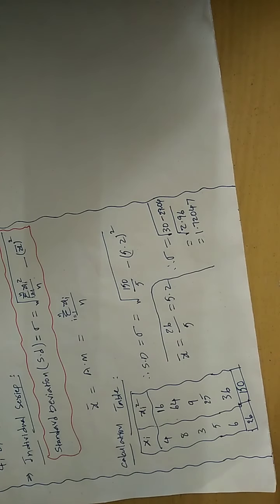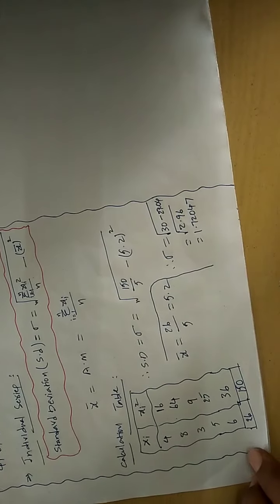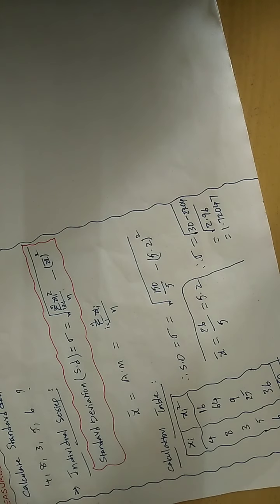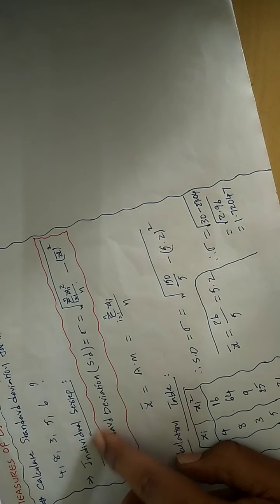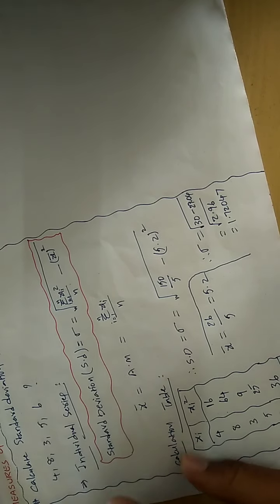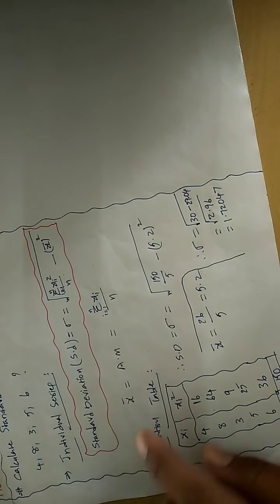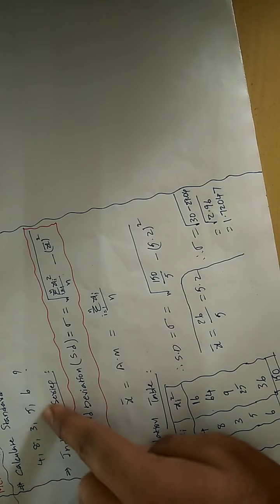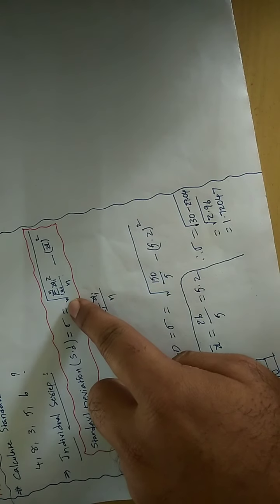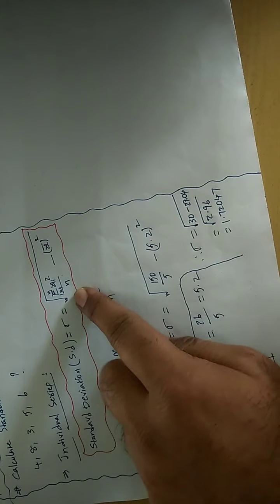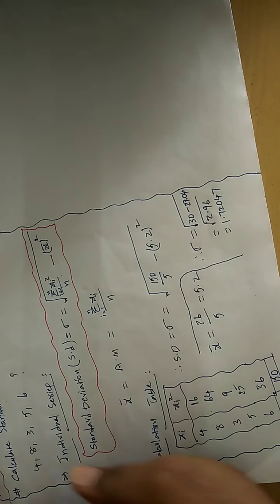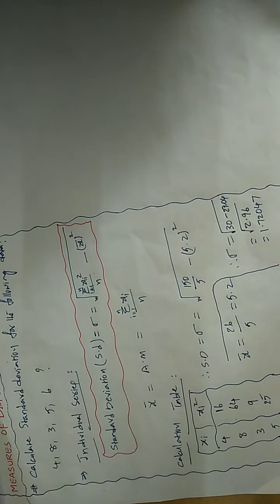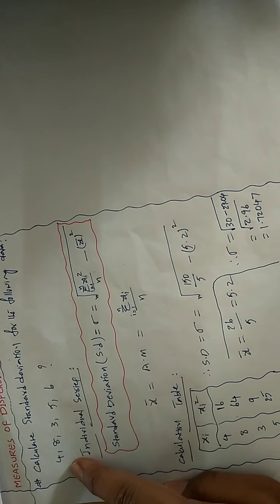This is the method of calculation for standard deviation in what type of data? In individual series. Directly we are assuming the given variable as xi, so it is the square root of sigma xi square by n minus x bar whole square. But in the discrete series, what is going to be added to xi? The frequency value.